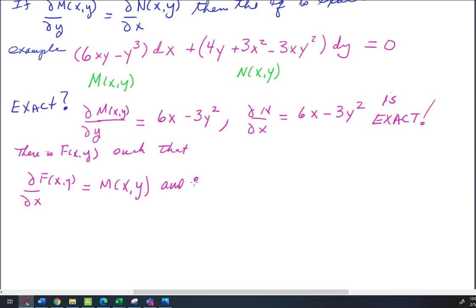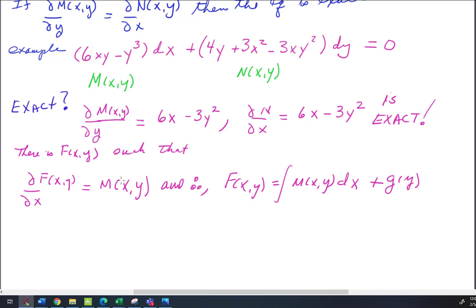Therefore, if I integrate with respect to x, on the left I would get f of x, y, and on the right I would get the integral of M of x, y dx, plus a function of y alone.